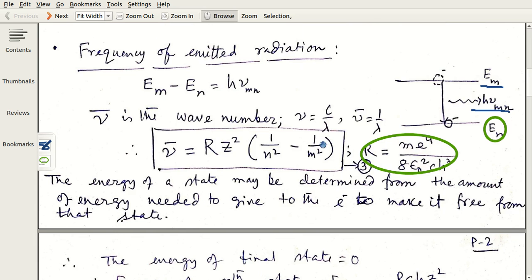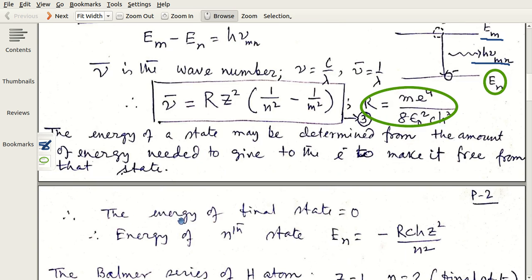So if we say it is a transition, then the electron will be here in the lower state and will go up by absorbing energy to the higher state, and in the higher state the energy is 0. Then the electron is said to be free, and the amount of energy needed is definitely the amount of energy of this state.